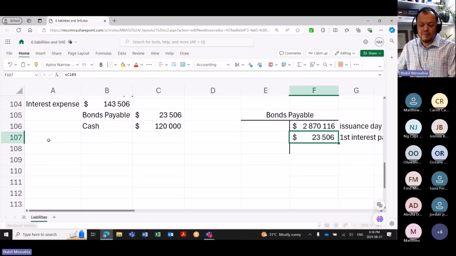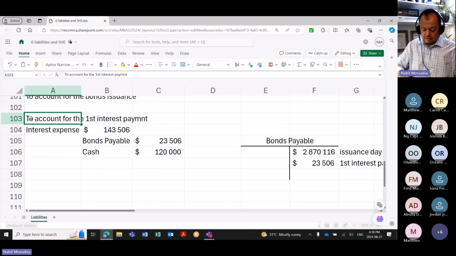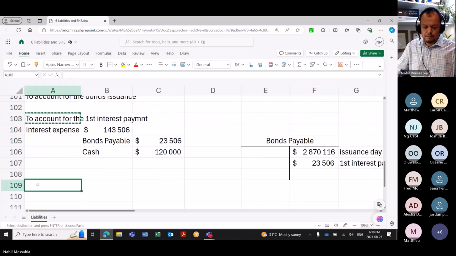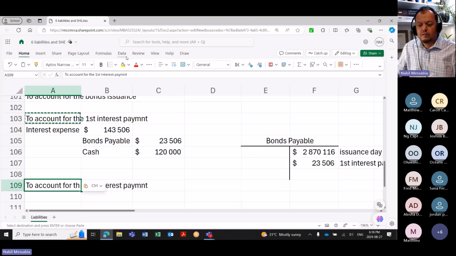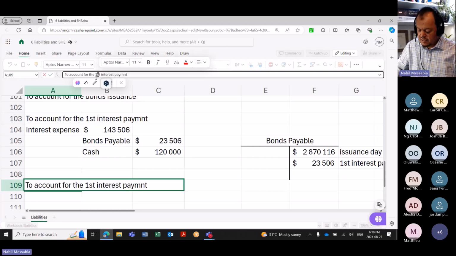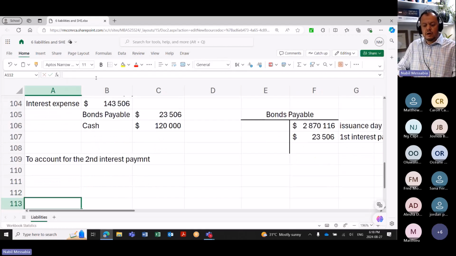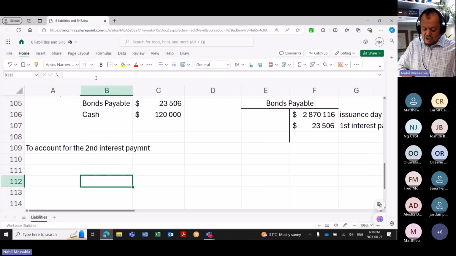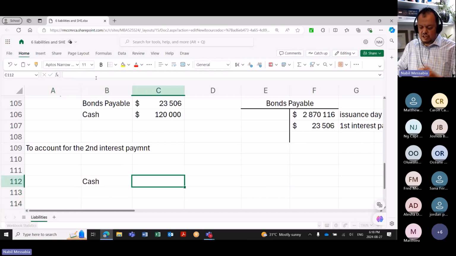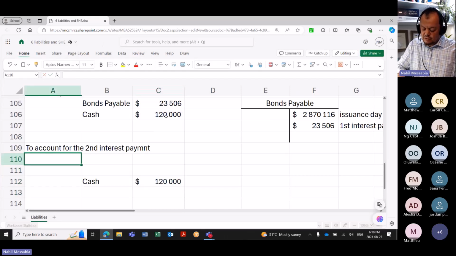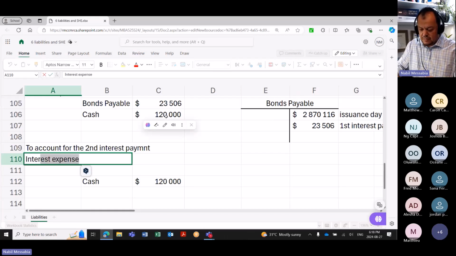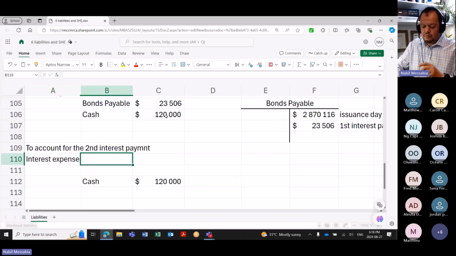So next time, to account for the second interest payment, we're going to do the same thing in terms of cash, nothing changed. Same, always, $120,000. But from accounting perspective, I have to debit interest expense for what?